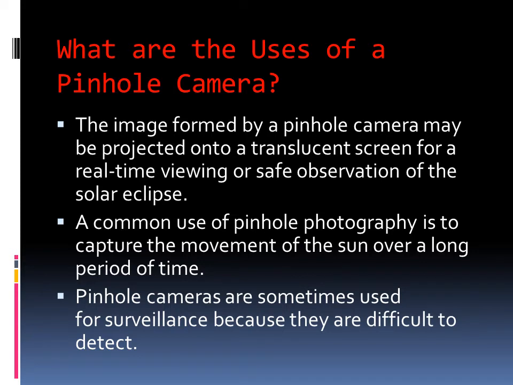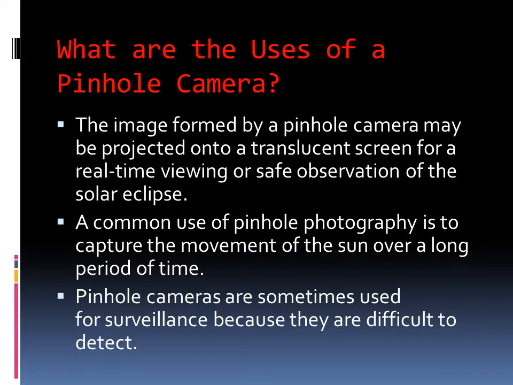So what are the uses of a pinhole camera? It must have some uses also. The image formed by the pinhole camera may be projected on a translucent screen, which allows a little light to pass through, for real-time viewing or safe observation of a solar eclipse.